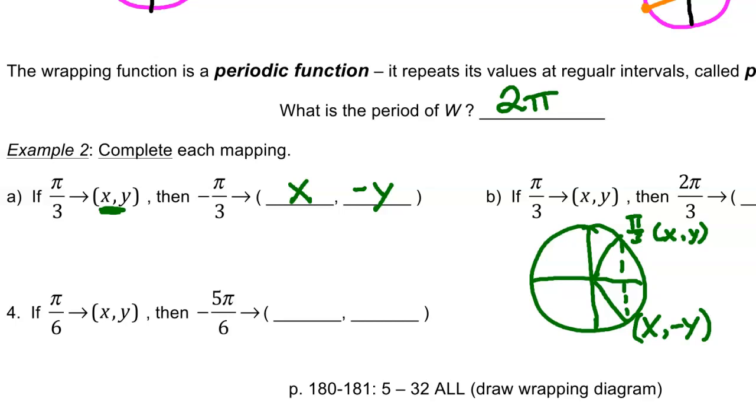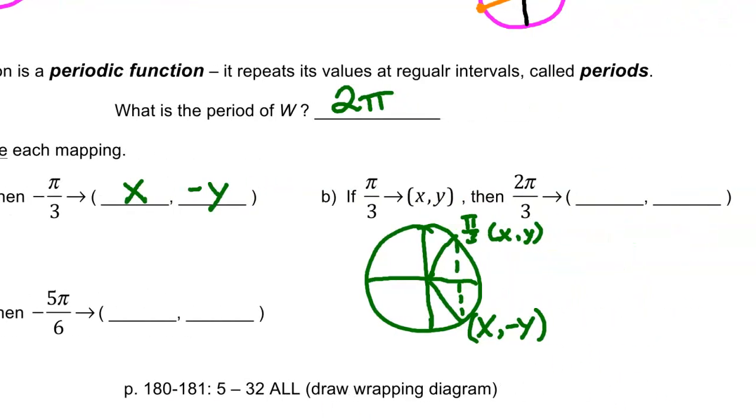So same thing here on the next one, right? If we have this one, again, back to the same place, pi over 3, and we go 2 pi over 3. Well, that puts us right here, and now it's symmetric over the y-axis.